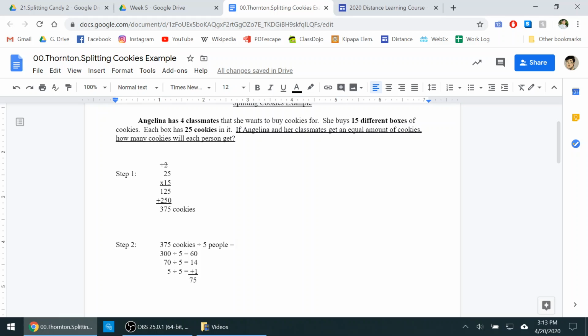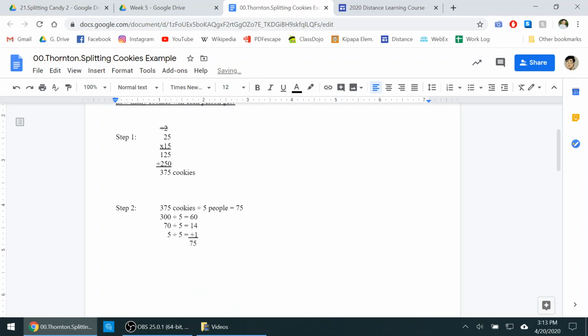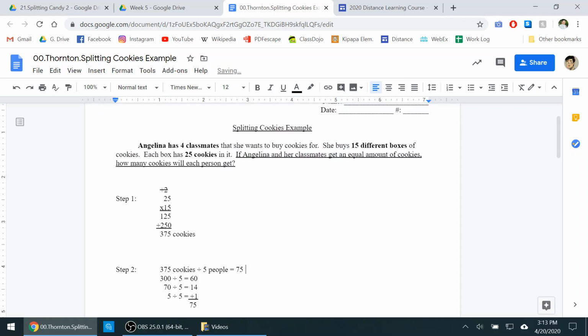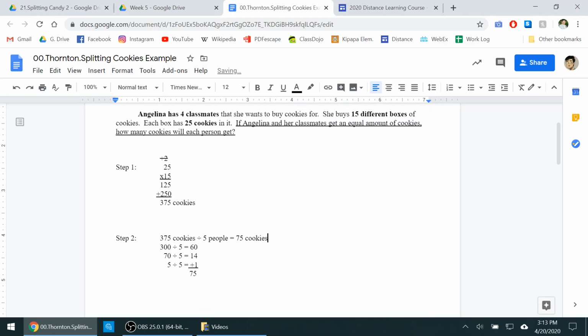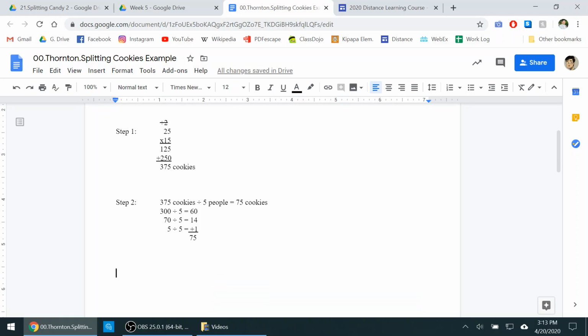Okay, so that means that here we have 75. Let's label that 75 cookies. Each person will get 75 cookies.